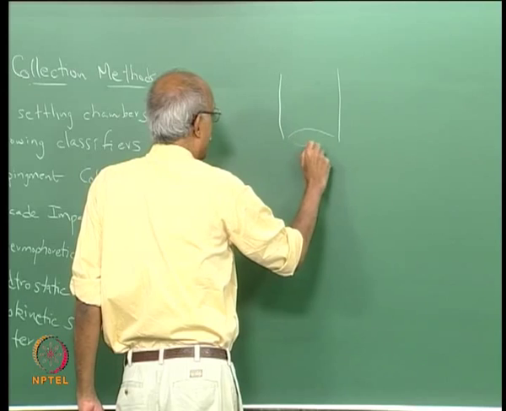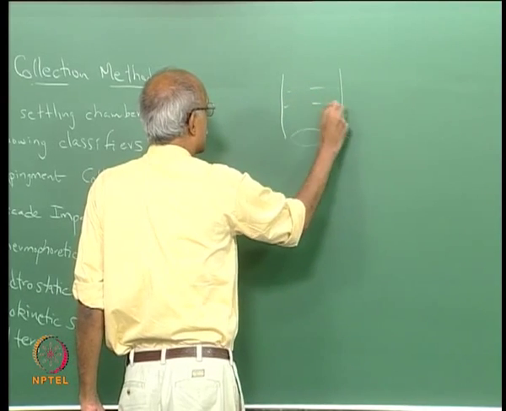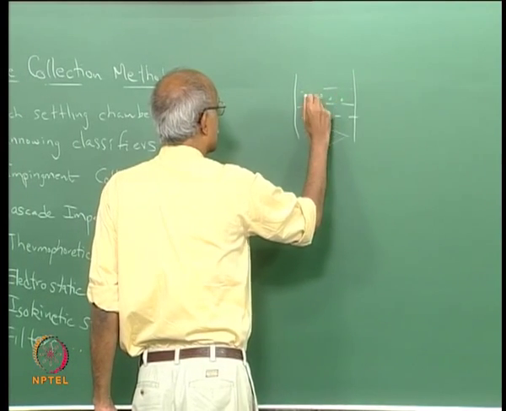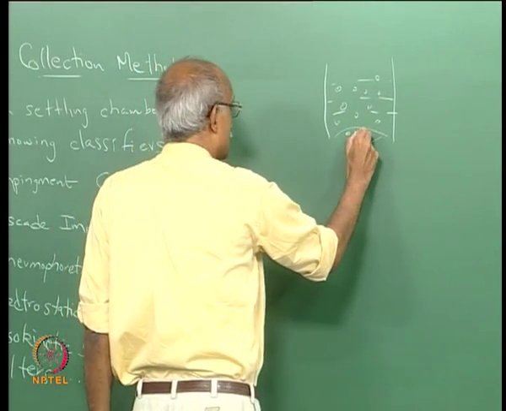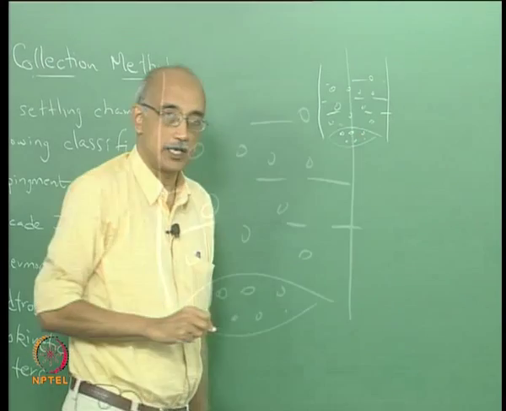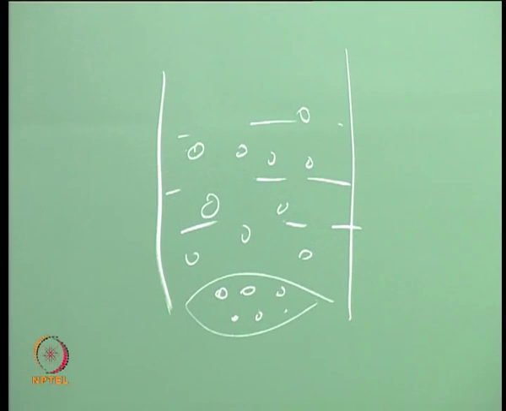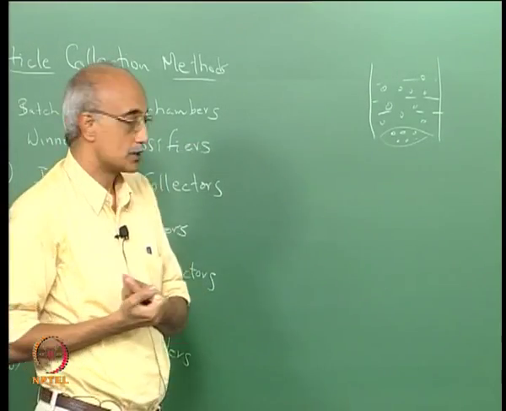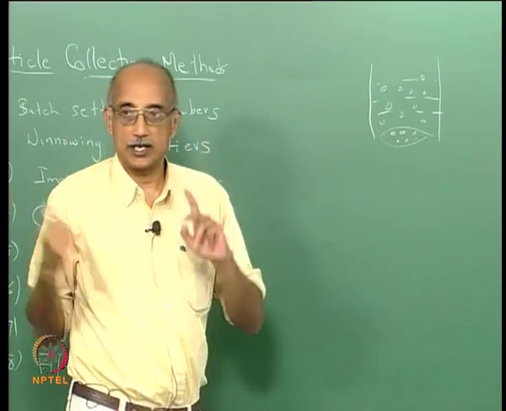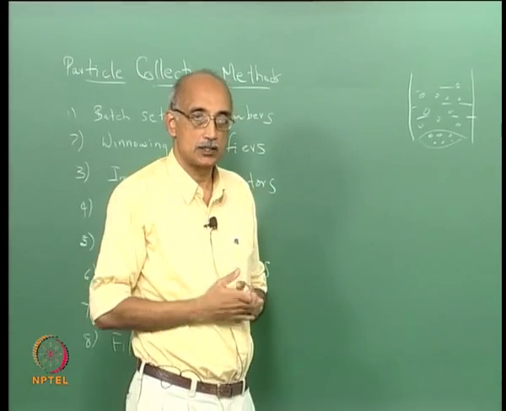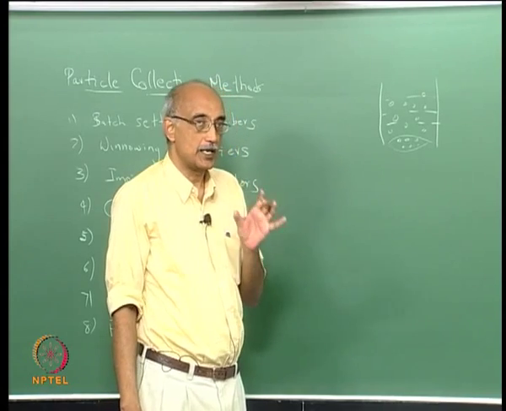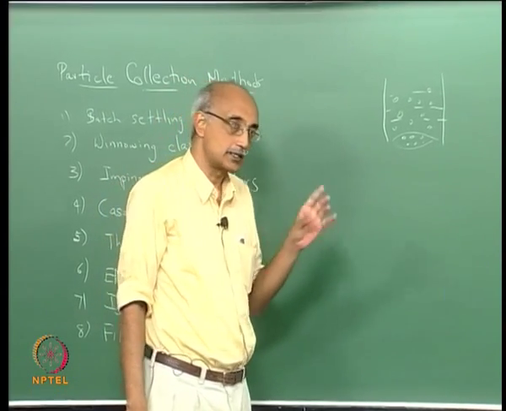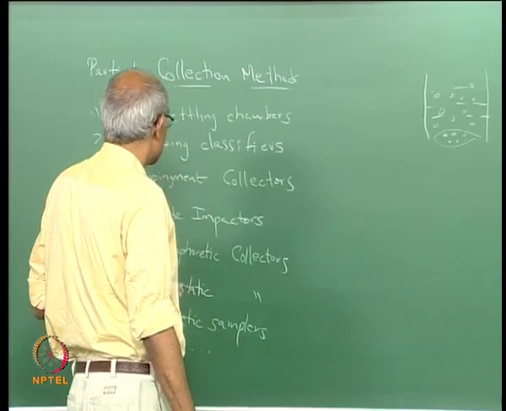So, you will have a collection surface here, and you will allow the particles suspended in the liquid to collect on this surface over a period of time, and then you will remove this collector plate and analyze the particles on it. So, the mechanism is very different to the dynamic sedimentation size analyzer. The difference is you are using the sedimentation mechanism simply as a collection device, not as a size analyzer.